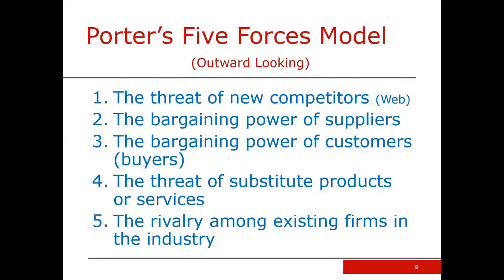The five forces model puts your company in the middle of the graphic so that you can honestly examine the power exerted from your suppliers, your customers, the threat of substitute products, and the threat of other companies grabbing some or all of your market share.